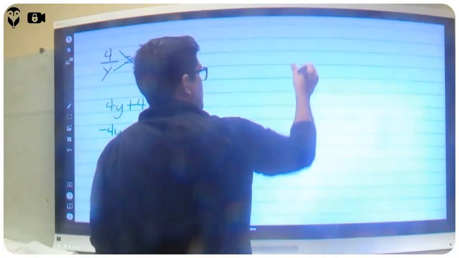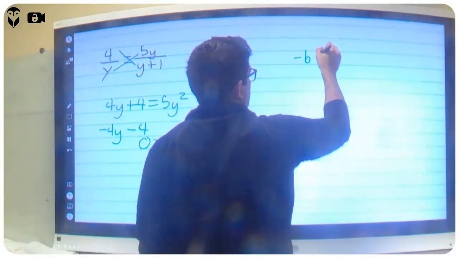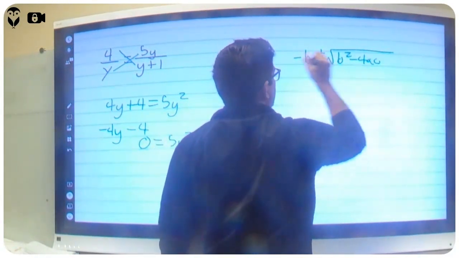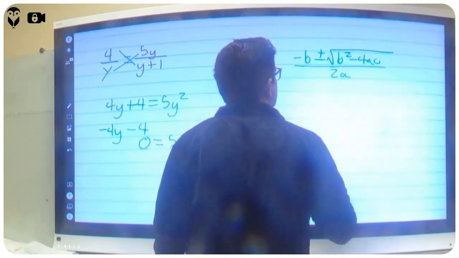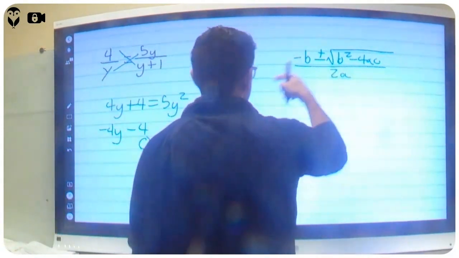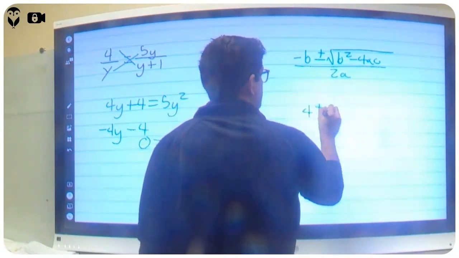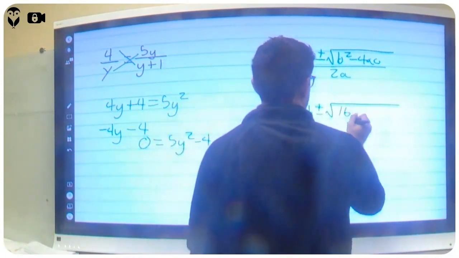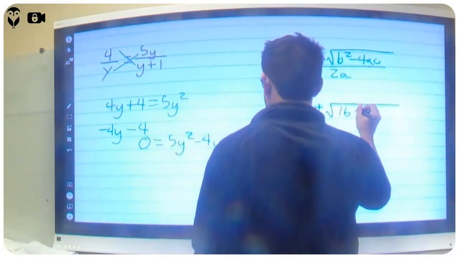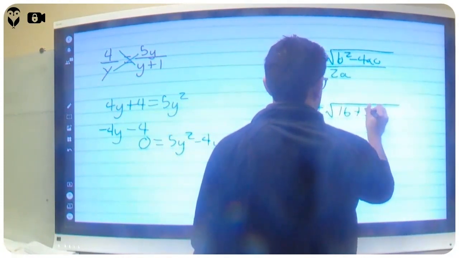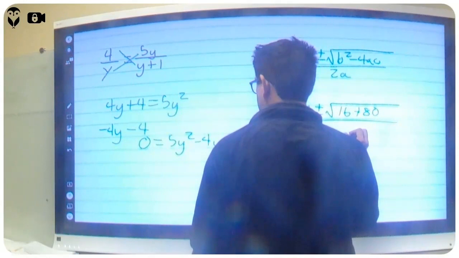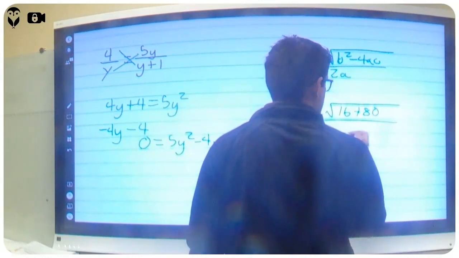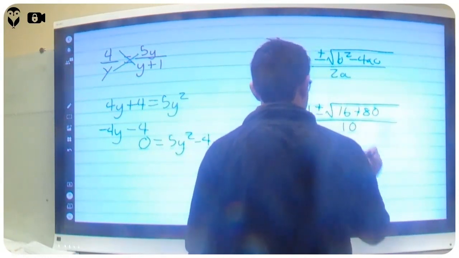So it's going to be -b plus or minus the square root of b squared minus 4ac divided by 2a. So b is going to be -4, so 4 goes there, plus or minus the square root of 16 minus or plus 80 divided by 2a, which is 10.